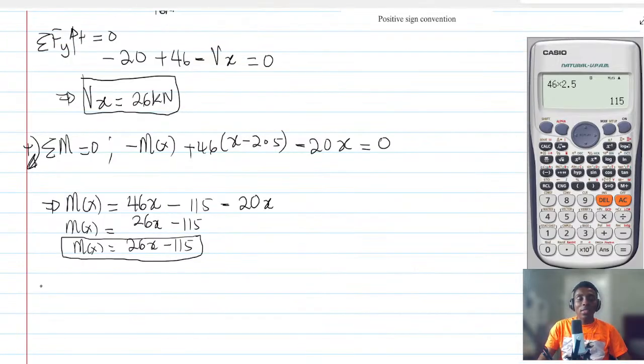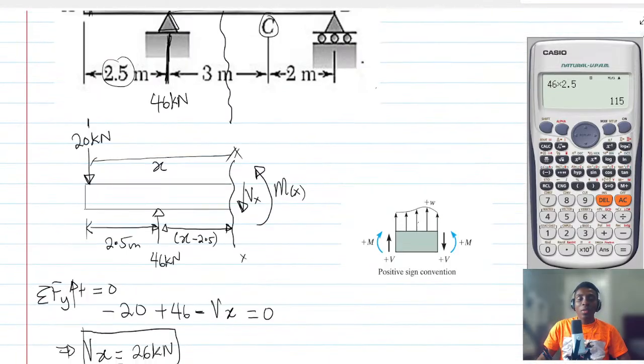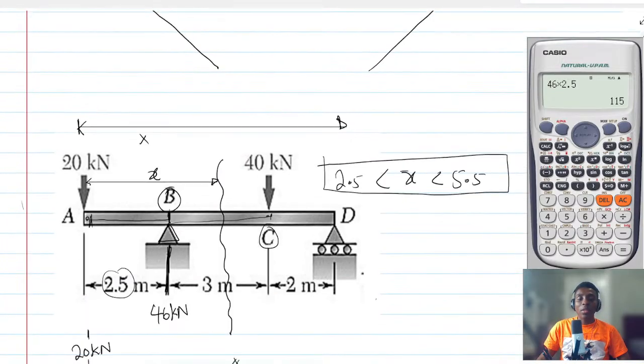Now let's look at this. At x equals 2.5, let's see what will happen.